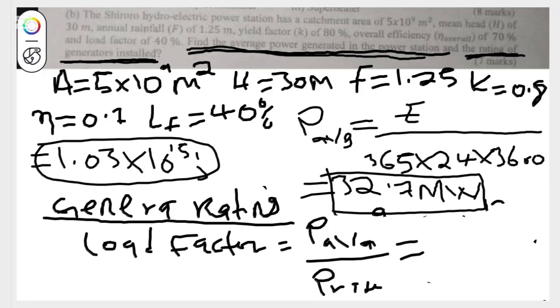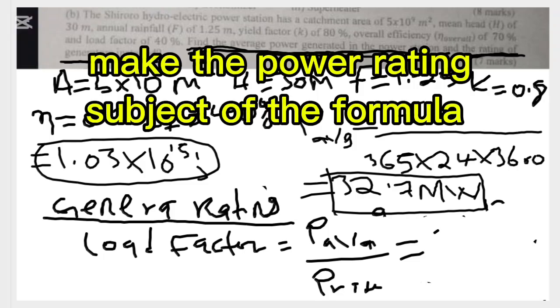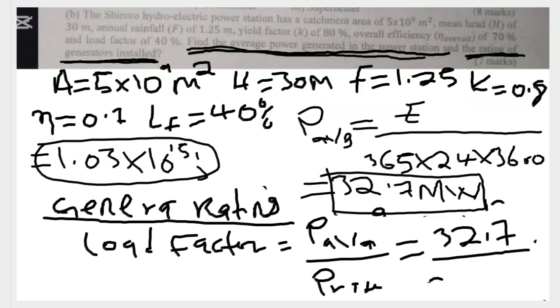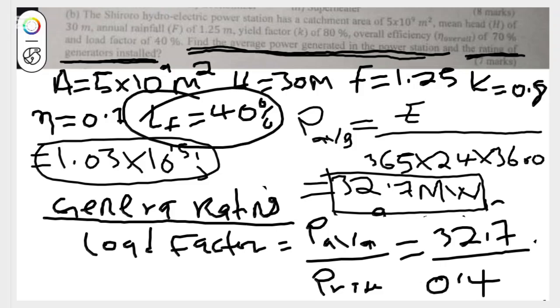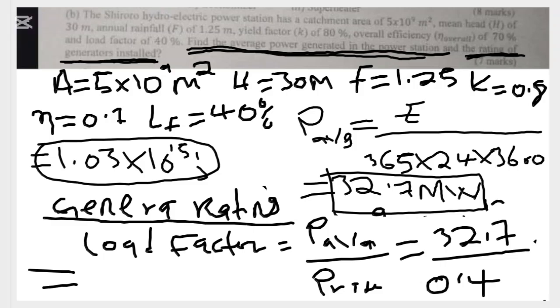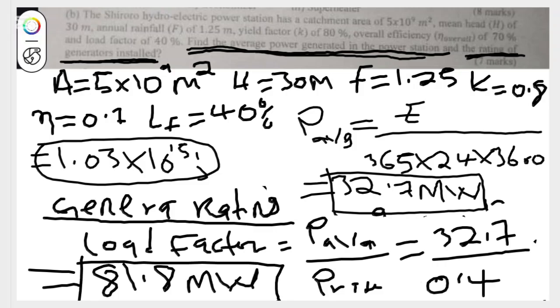So the average, which I already found, is 32.7, divided by 0.4, because the load factor is 40%. So this will now be equal to 81.8 megawatts as my final solution.